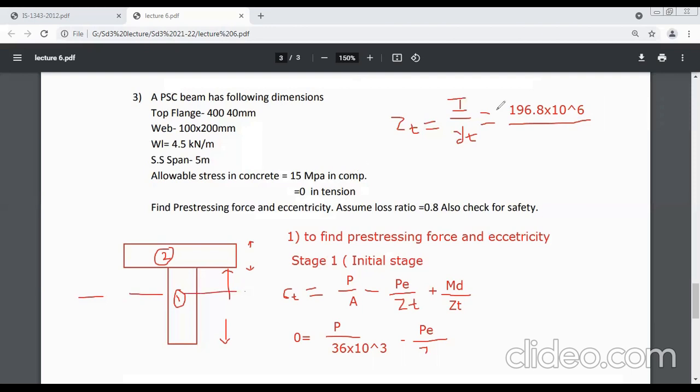From the bottom we calculated 153.33. The overall depth of this section is 240 minus 153.33, which is 86.67 from the top.